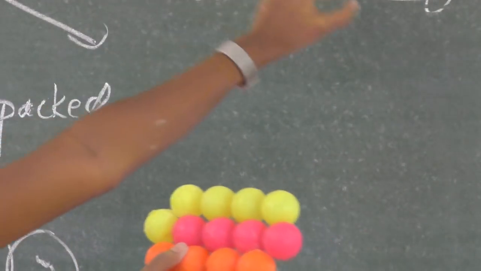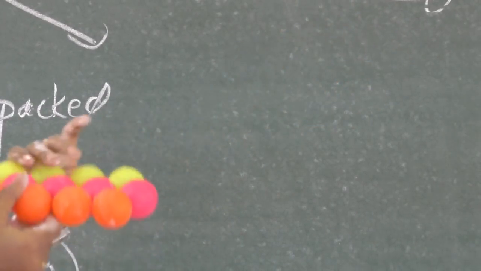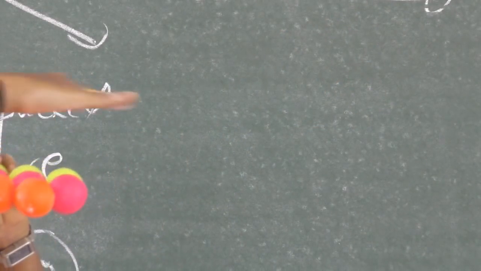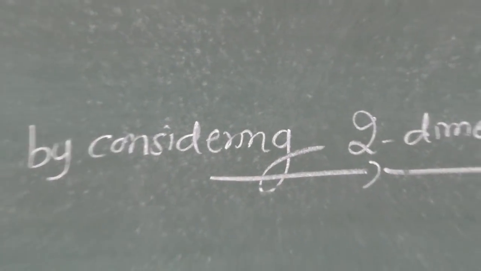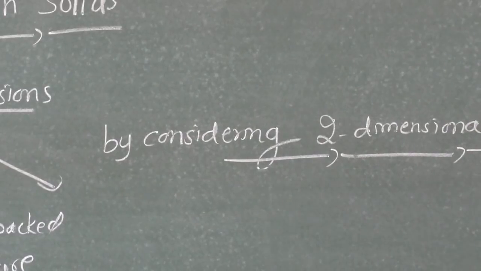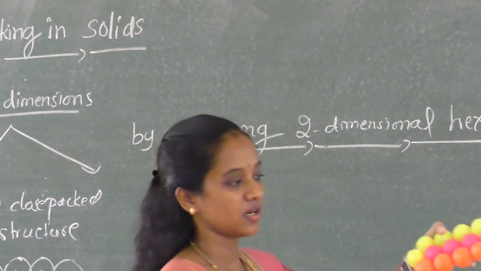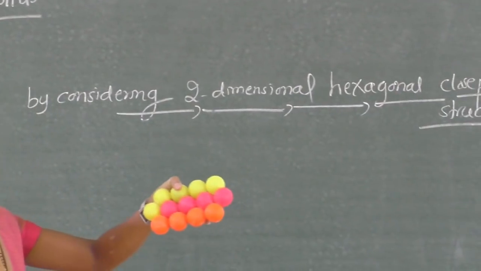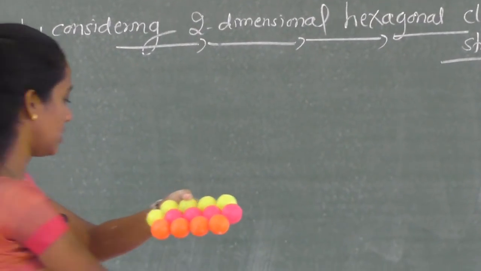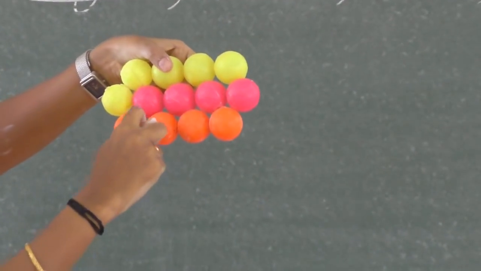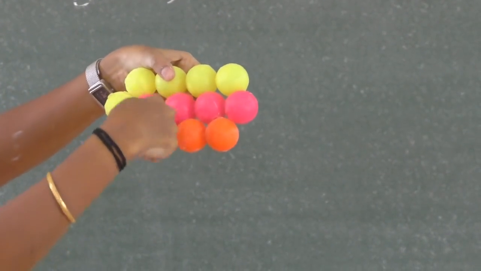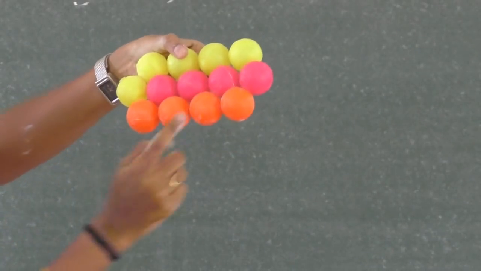Now in order to form a three-dimensional structure, I have to keep one more layer above the first layer, right? See, this is two-dimensional hexagonal close packing. Why is it hexagonal? See the central particle, it will be in contact with the 6 neighboring particles, so it is hexagonal close packing in two dimensions.